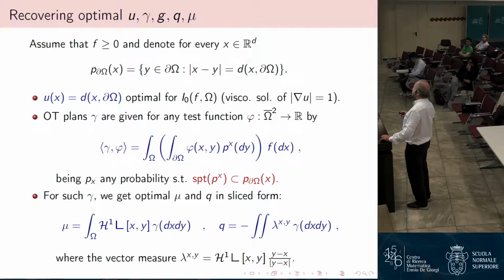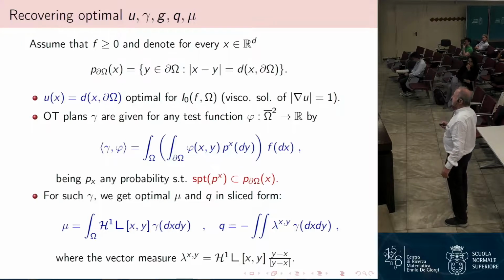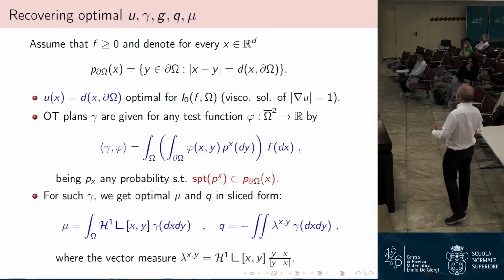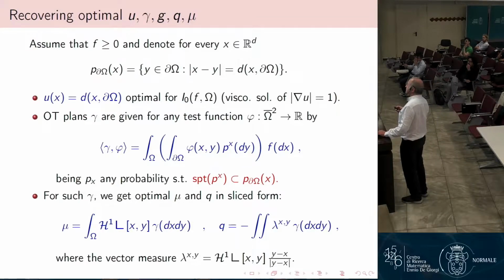It is also a viscosity solution of |grad u| = 1. And to build the optimal plan corresponding to W1 of F, you simply consider the projection of any point in omega on the boundary.